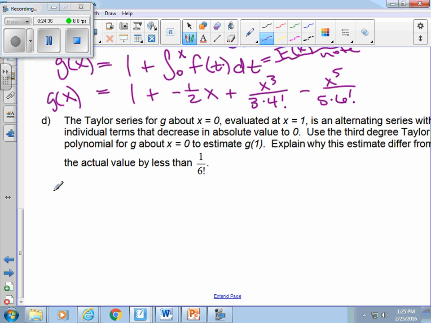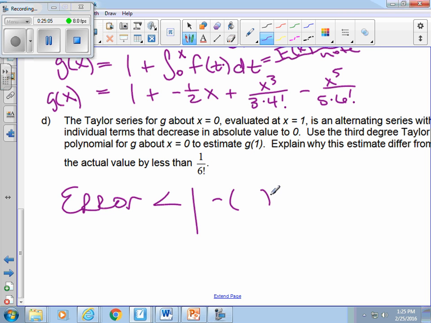Alternating series, right? G is an alternating series. So the error is less than the next term. Everyone agree with that? Which is, we do need to write the next term, the negative, yeah. It's negative, right?